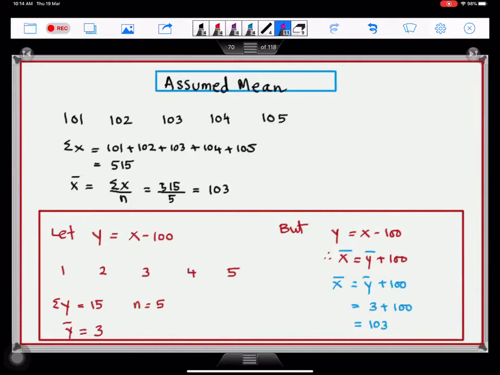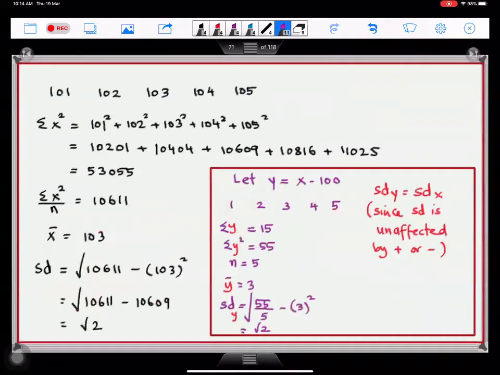I subtracted 100 in the beginning for ease of working. Once that working is done, I should add back the 100. But when we talk about standard deviation, whether we calculate it from the original big numbers or from the small numbers obtained using coding, we observe that the standard deviation remains unchanged.